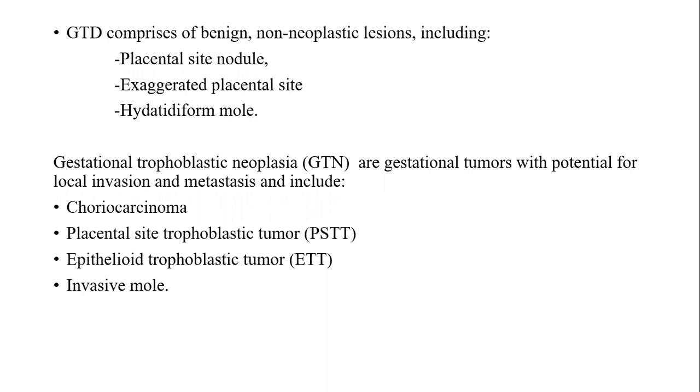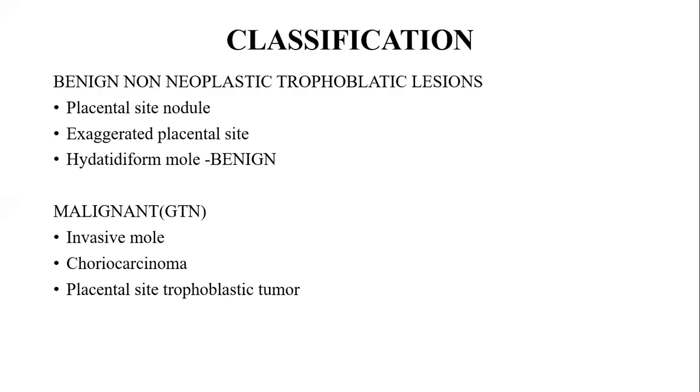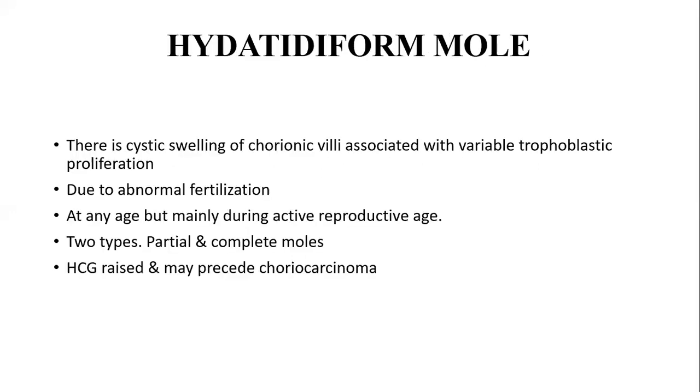So the gestational trophoblastic neoplasias are tumors with potential for local invasion and metastasis, and include the following four: choriocarcinomas, placental site trophoblastic tumors, epithelioid trophoblastic tumors, and invasive moles. So this is just a repetition of what I've said, the classification. So I'm going to start with H-mole.